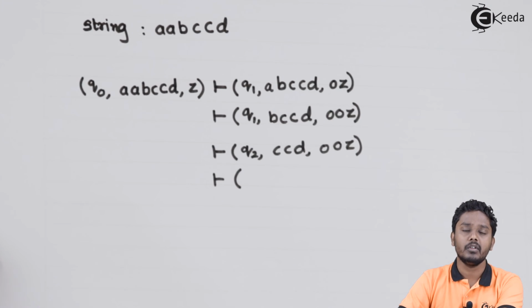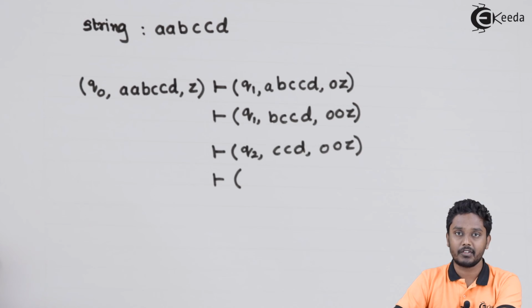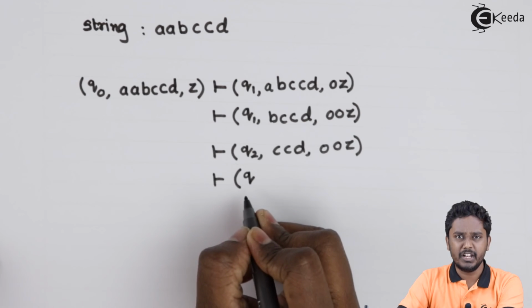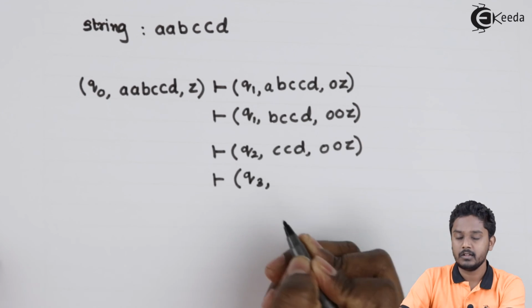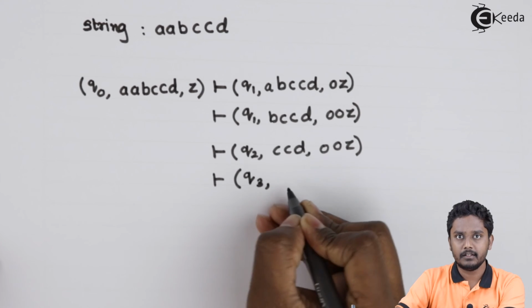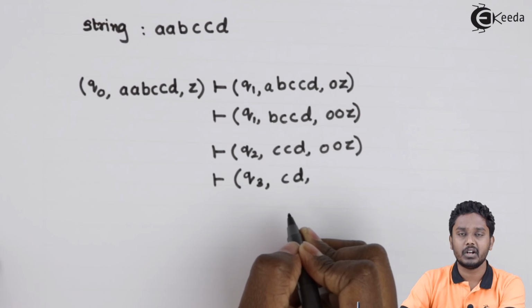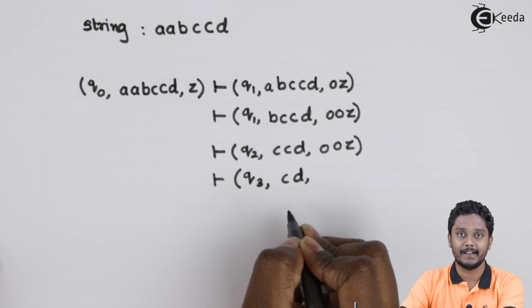We need to pop off the 0 and move to the next state. So the next state is Q3. The string left is CD, and the stack content would be just 0 followed by Z.